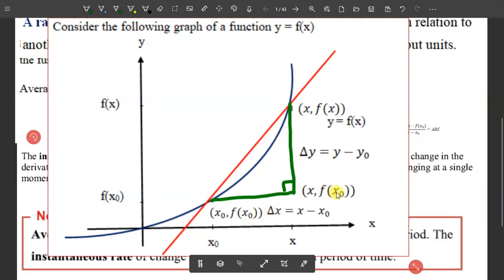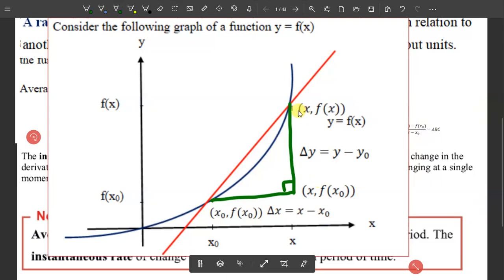Since f of x0 remains the same on the horizontal line, the change there is 0, and therefore we only observe the change in x. The change in x is the final x minus the initial x, which is x minus x0.